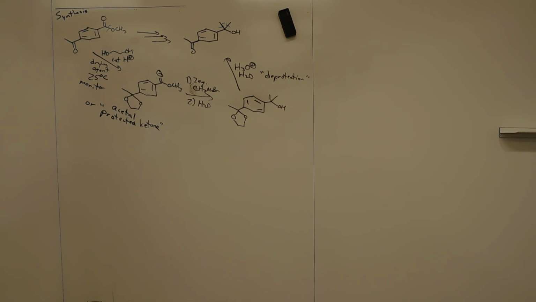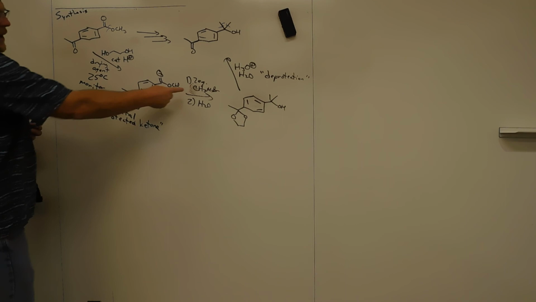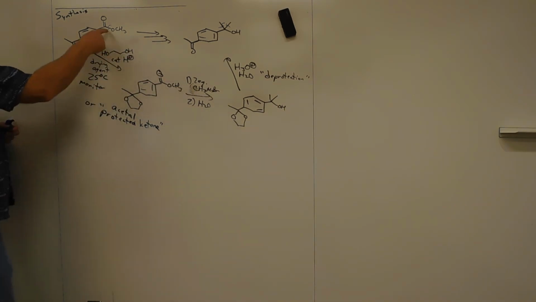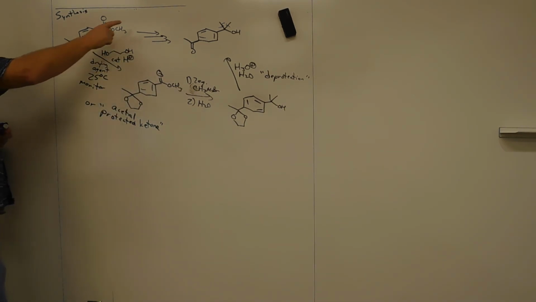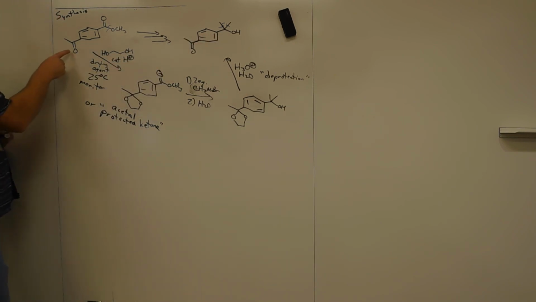Okay, so one more time, let me go through the protection, the idea of a protecting group. We've got 2 functional groups that will react with the necessary reagent. We have to use methyl Grignard or methyl lithium or something on the ester to turn it into this gem dimethyl alcohol. Okay, so the ketone is going to react with methyl Grignard.